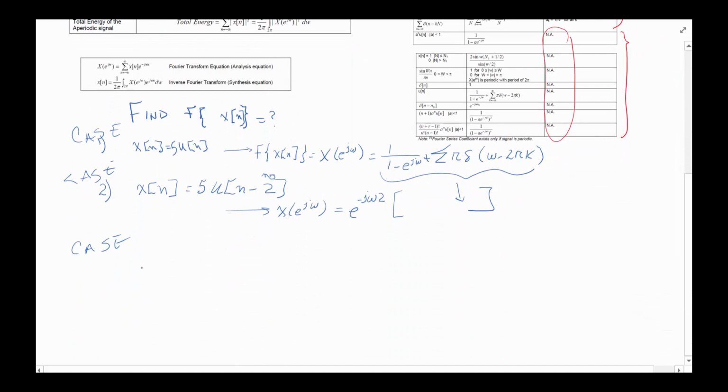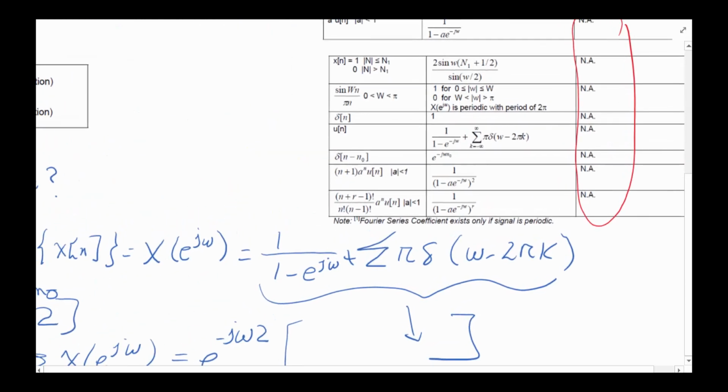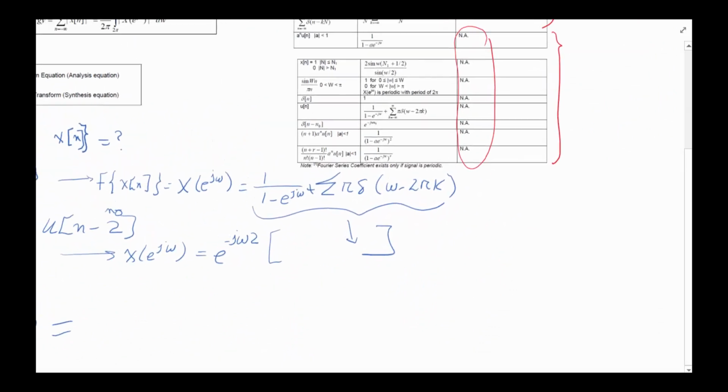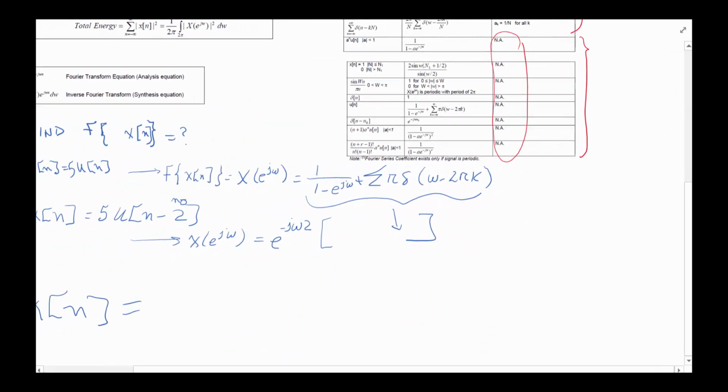So a function might be x of n equal to, let's think of something we don't necessarily have in there, something like e to the minus 5t plus j times t.